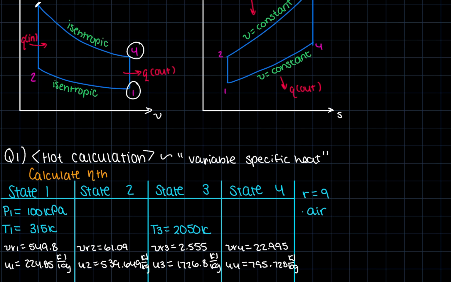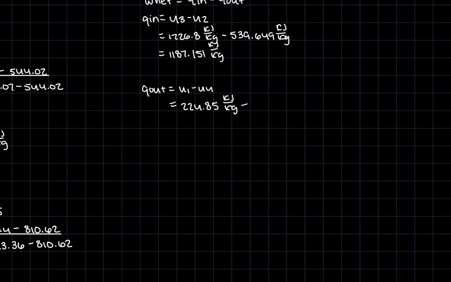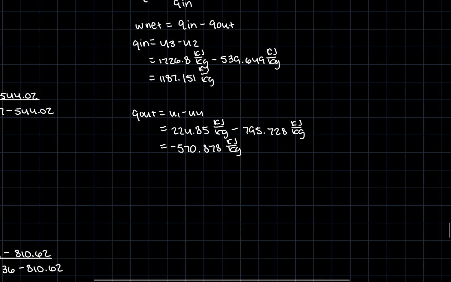So since I want the change in U, I'm going to do U1 minus U4, where we'll get 224.85 kilojoules per kilogram minus 795.728 kilojoules per kilogram, which will equal 570.878 kilojoules per kilogram. Keep in mind the sign convention.